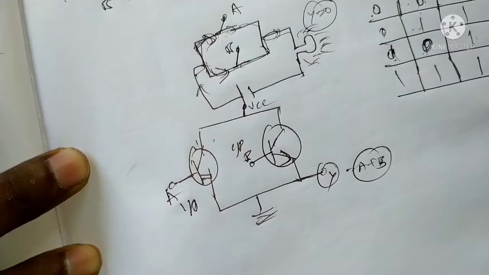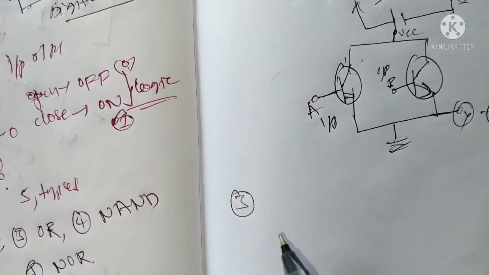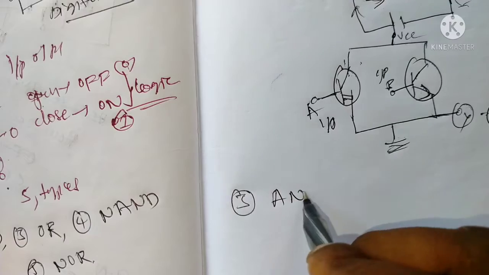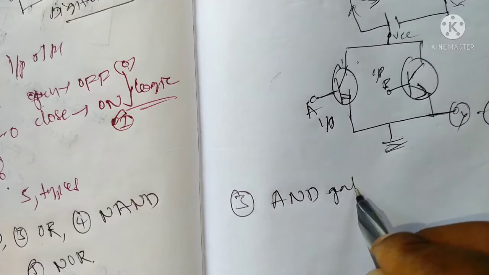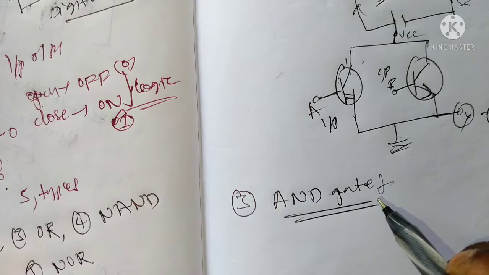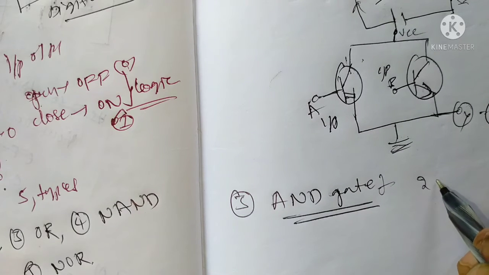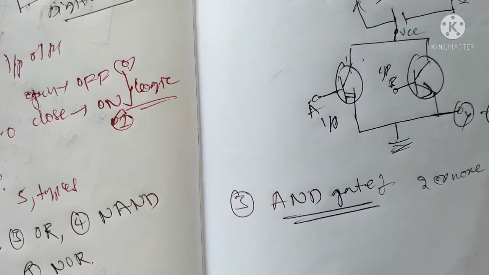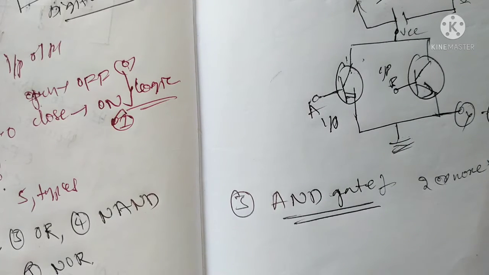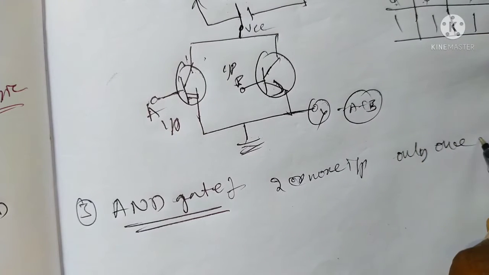The third one is the AND gate. An AND gate has two or more input signals or input circuits, and only one output signal.